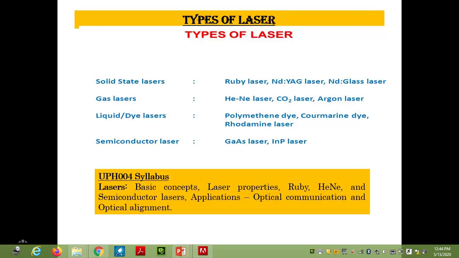So, we talked about all those properties of the laser and then we talked about the possible transitions if two levels are available to us, for example, the ground state and the excited state. I told you that there are a total of three types of transitions that are possible and these transitions are responsible for the lasing action. So we need to understand the basic physics behind this laser device.